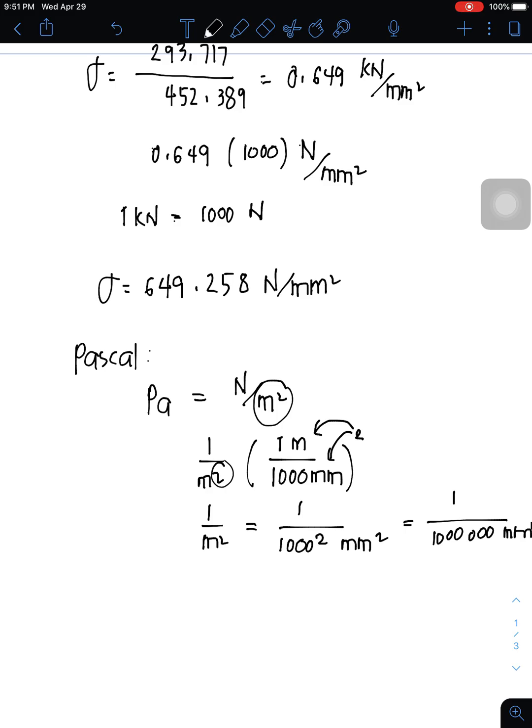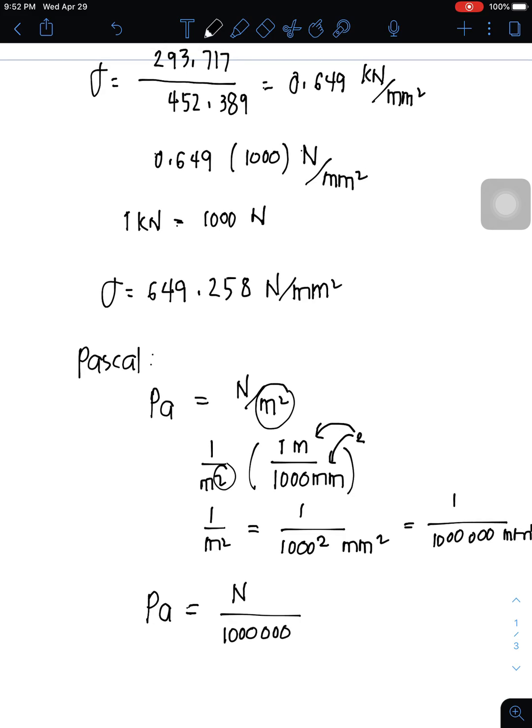This is our conversion: 1 Pascal is equal to newton over 1 million square mm.